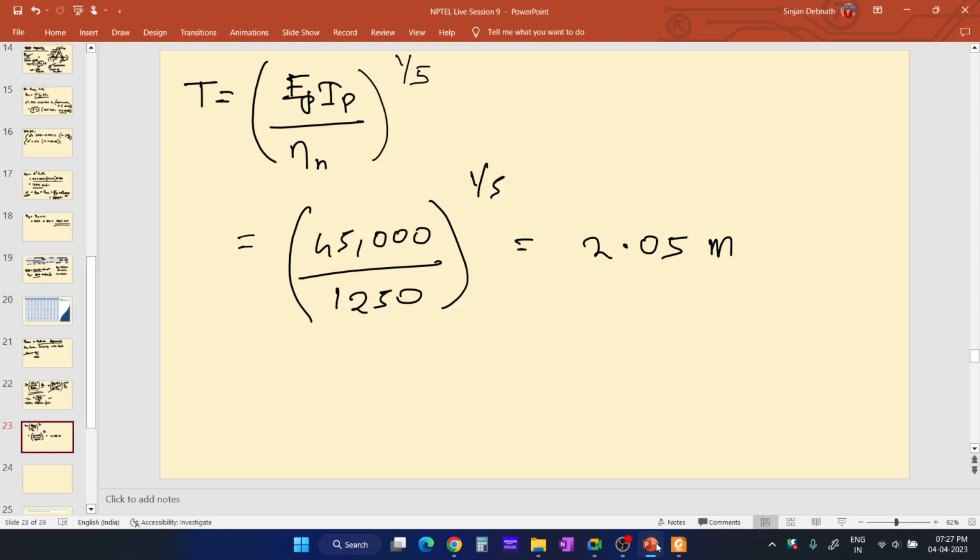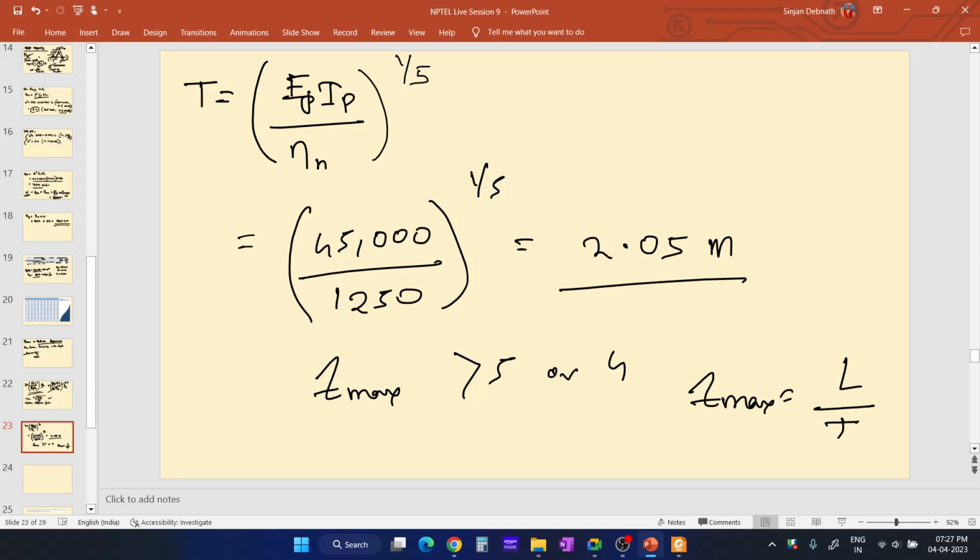And what is a long pile? In case of a long pile, Z max is greater than 4 or 5. Okay, 4 or 5. So what is Z max? Z max is equal to L by T. L is the length of the pile and T is the relative stiffness factor, that is this, okay, T.